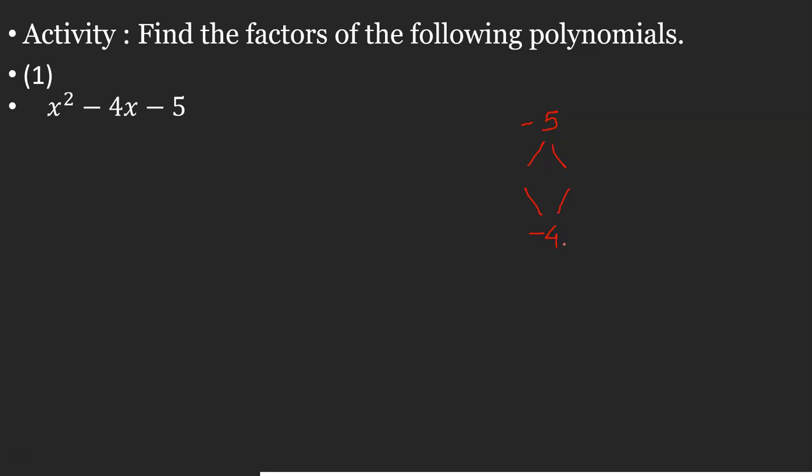Then what are the two numbers whose product is minus 5 and the sum is minus 4? The numbers are minus 5 and plus 1. These are the two numbers, and then we write the minus 4x as minus 5x and plus x. Now see this here.